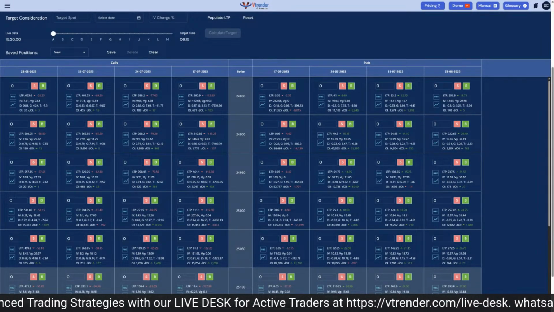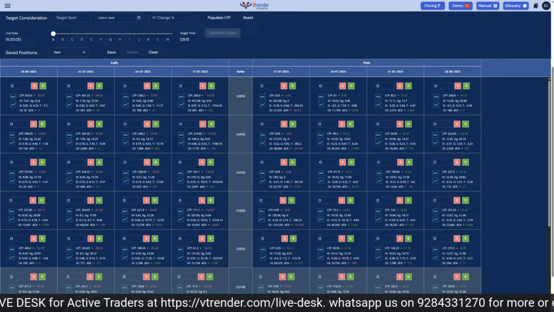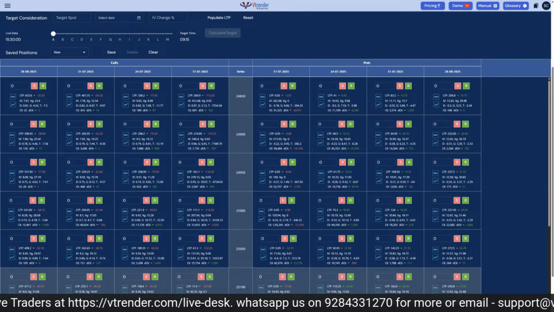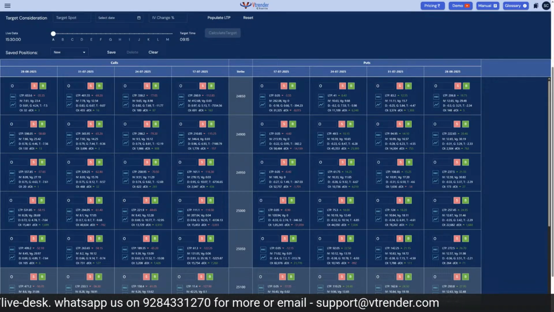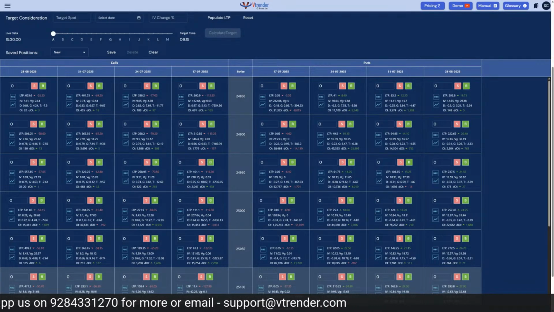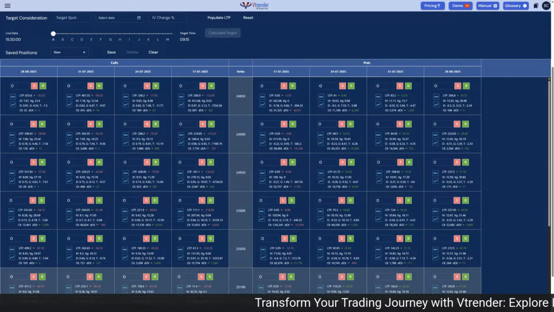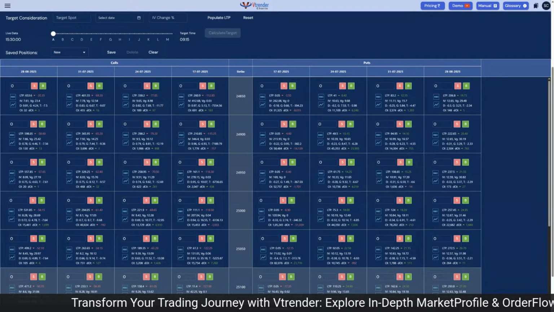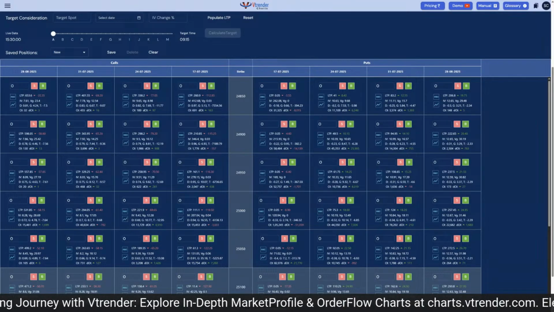The instrument moved by about 100 rupees, and the option price increased by 50 rupees. All that is good and simple to understand, but the complexity begins after this price increase.